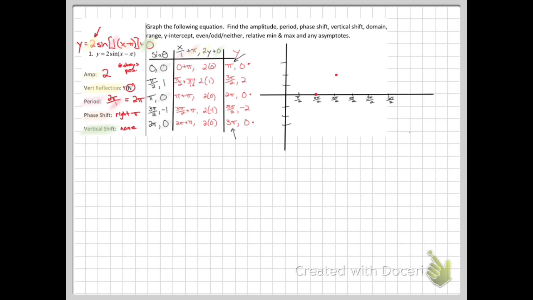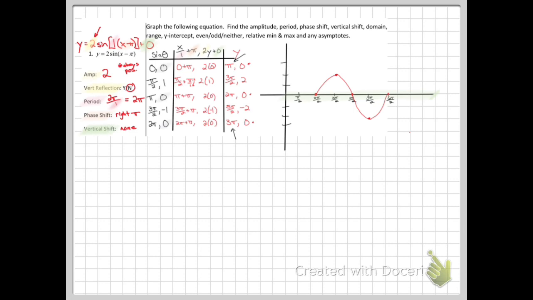At 4 pi over 2, 2 pi, it's back to 0. At 5 pi over 2, it's down to -2. And at 6 pi over 2, it's back to 0 again. Notice those 3 points land on your midline, and my midline is still the x-axis because there was no vertical transformation. Try to make it curvy and look like a sine curve.